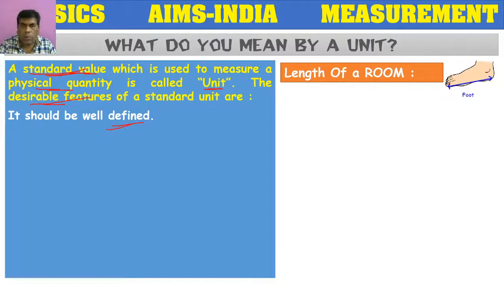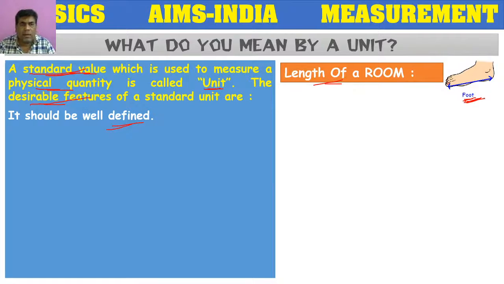Suppose I want to measure the length of a room with the help of a foot. In the olden days, and even nowadays, children while playing cricket measure the distance between two wickets by foot. But if I measure the length of a room with the foot of one person, it will be different from the foot of a second person.